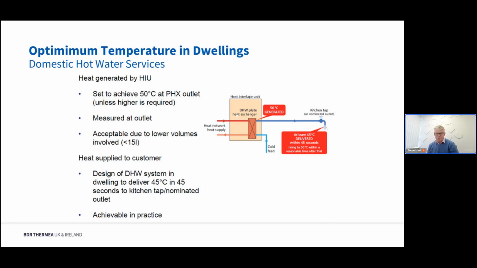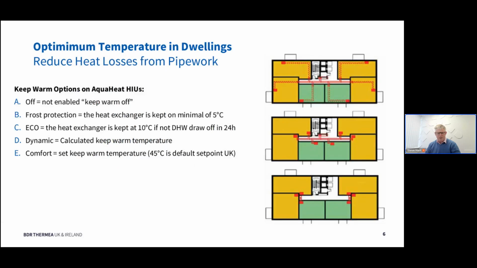Now with electronic controls, we can narrow that approach temperature, and recent thinking, particularly when there's no storage in the system, now allows us to deliver heat off instantaneous hot water plates of 50 degrees C, which does allow us in new systems to design down to 55 degree primary supply temperatures, and that enables us to deliver what's required off of an HIU with regard to domestic hot water.